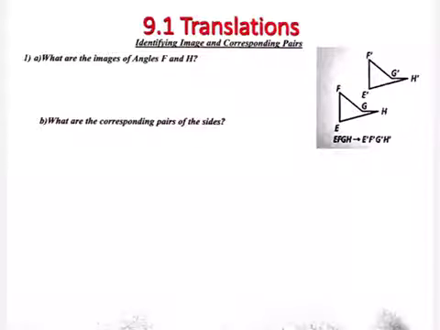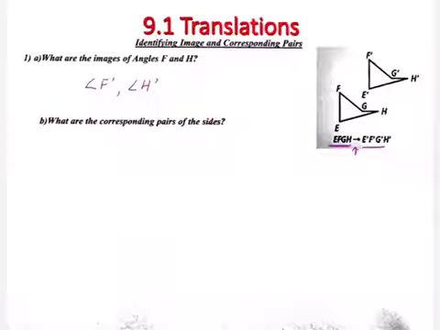What are the images of angles F and H? So remember, the image designates after transformation. And so in this naming here, they tell us that EFG, in this case this means transforms into E prime, F prime, G prime, H prime. So the images of angles F and H are angles F prime and H prime.